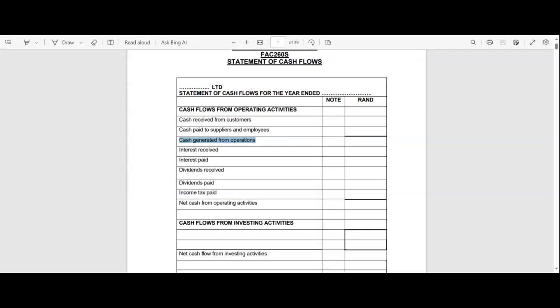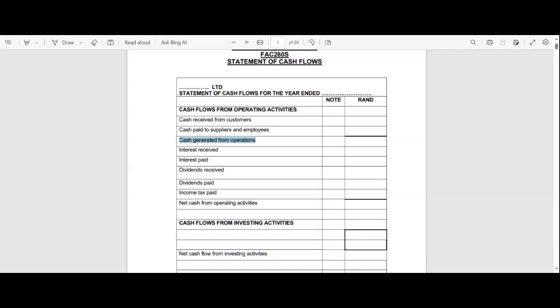So your only 5 possibilities, ladies and gentlemen, are either interest received or interest paid, or dividends received, or dividends paid, or income tax paid, or any combination of them, right? So you can have 1 or 2 or 3 or 4 or all 5, depending on the circumstances. So that is the first thing that we've got to get clear, right? Those are the 5 that need to be included there.